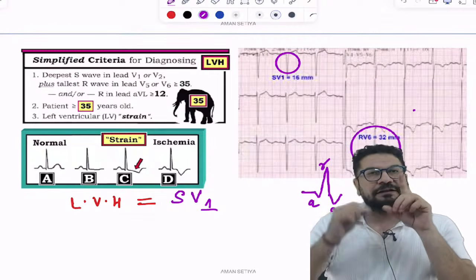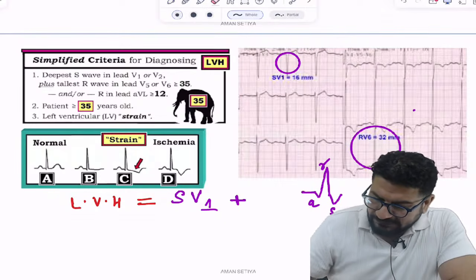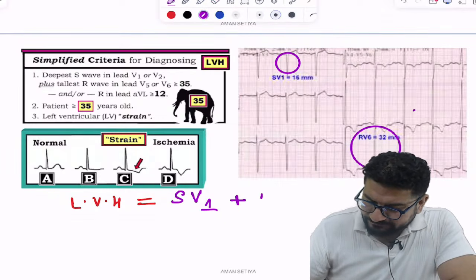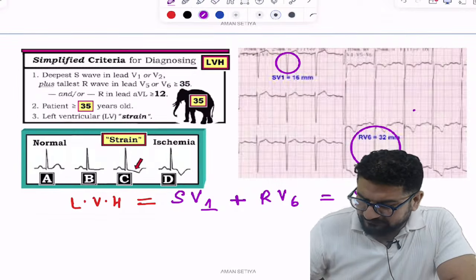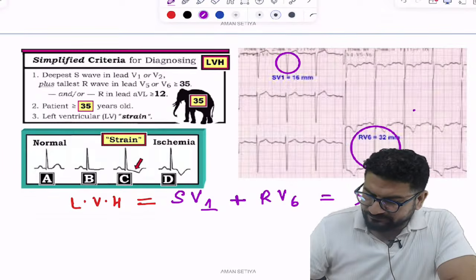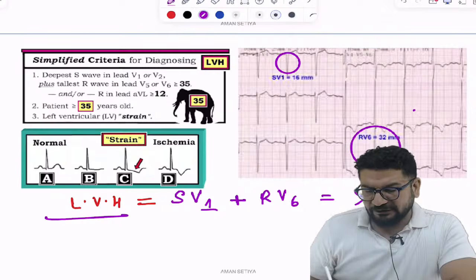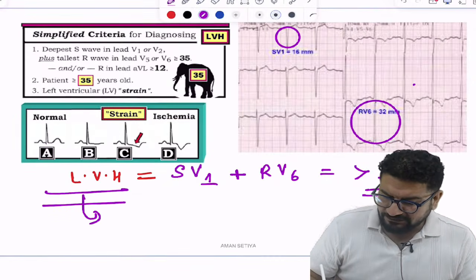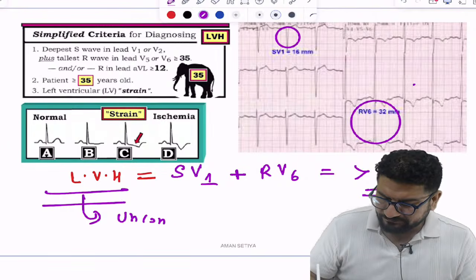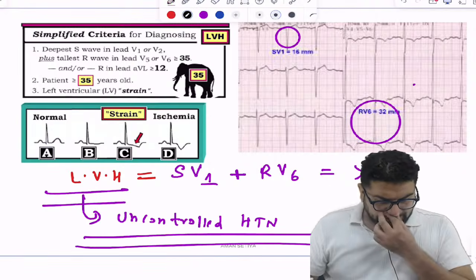So you see the length of S in V1 plus the length of R in V6. If it is more than 35, then this is suggestive of LVH. It is suggestive of left ventricular hypertrophy, and this is seen in those patients who are having untreated hypertension. So LVH is a feature of uncontrolled hypertension.